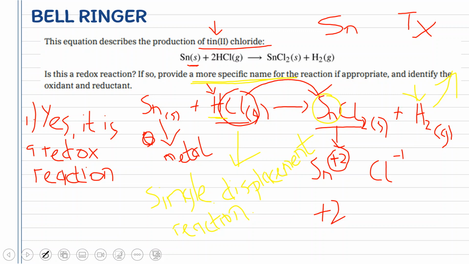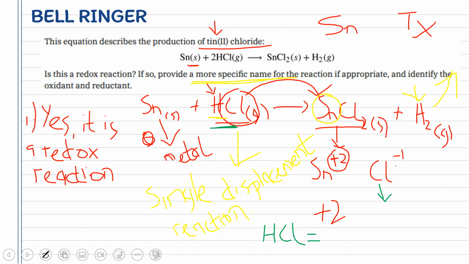So we know that chlorine here gains an electron. Do you see that? Chlorine gains an electron. Now, chlorine gaining an electron means that, so chlorine here was from this compound, HCl. HCl undergoes reduction, right?